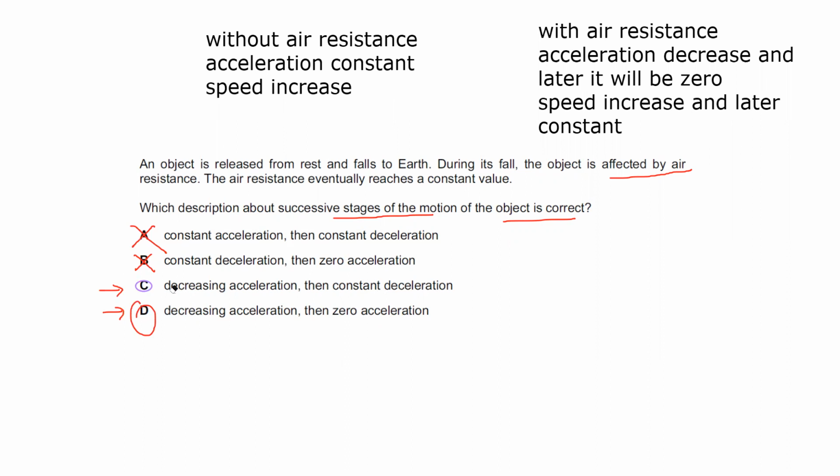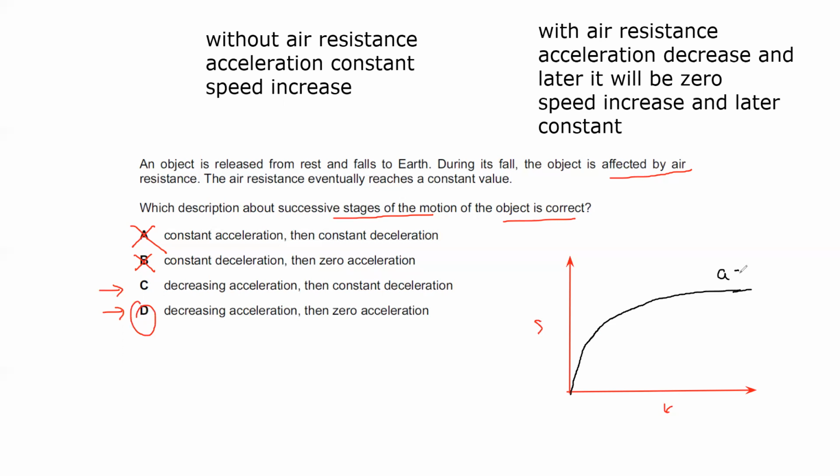Acceleration, not deceleration. Decreasing acceleration: the acceleration decreases, and then the acceleration will be 0. Because if you check the graph for a falling object with air resistance, the acceleration is decreasing and then the acceleration will be 0.